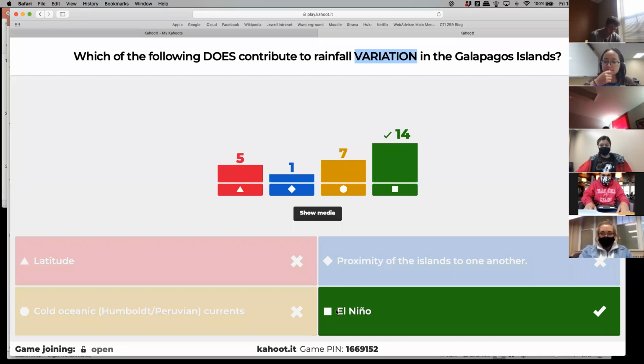So El Nino isn't the only thing that leads to variation in rainfall. Isn't it like the elevation of the islands? Yeah, so I could have put elevation here, and that also would have been a correct answer, because rainfall varies on a given island from the bottom of the island near the ocean to the top of the island if it's one of the mountainous islands.